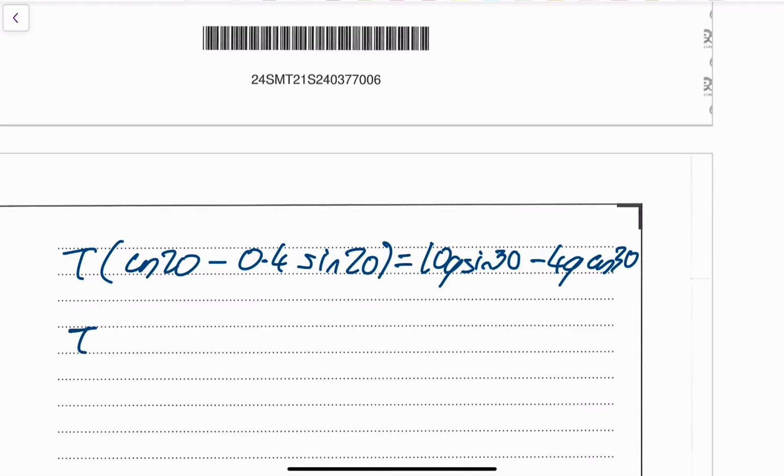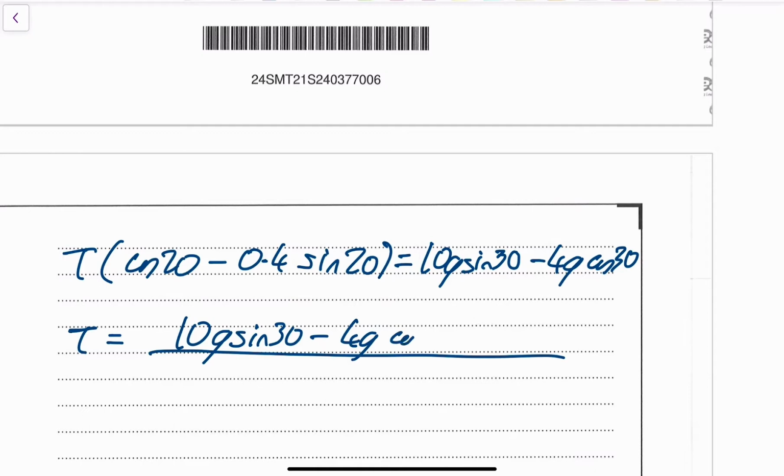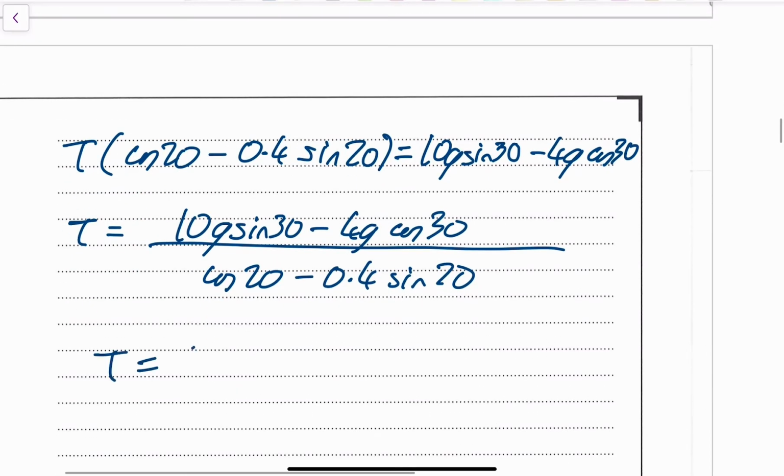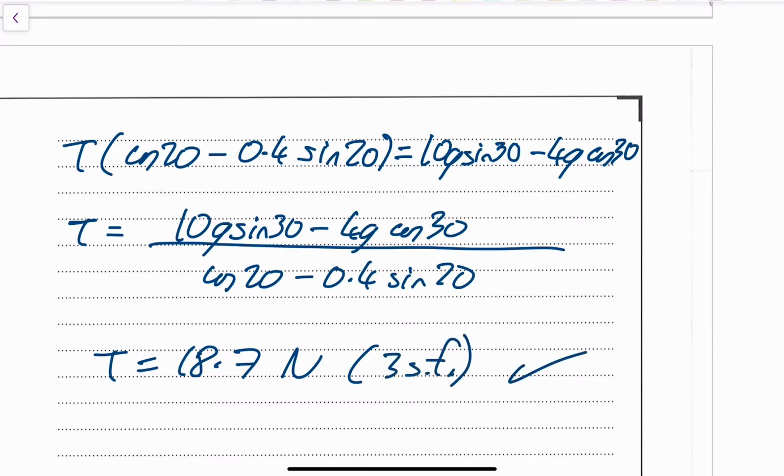So it is just a long old question, just to write it all down. That's going to be then 10g sin 30 minus 4g cos 30, all divided by cos of 20 minus 0.4 sin of 20. Fire that into your calculator, and I got 18.7 newtons to 3 sig figs.